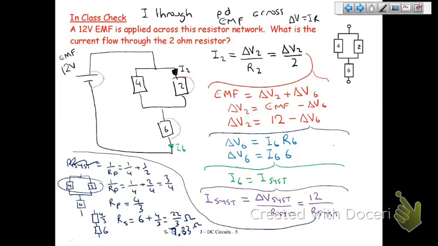So now I substitute in. So this equals 12 over 7.33. Again, people will let that ride, but I'm going to work out a number. 12 divided by 7.33 equals 1.64 amps.